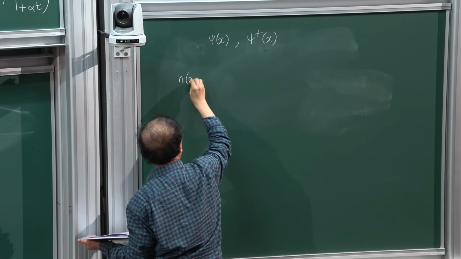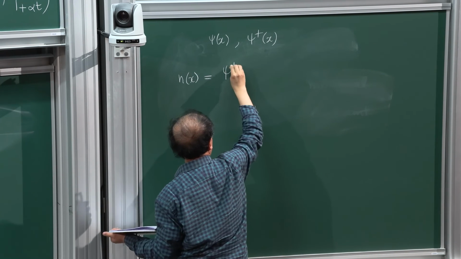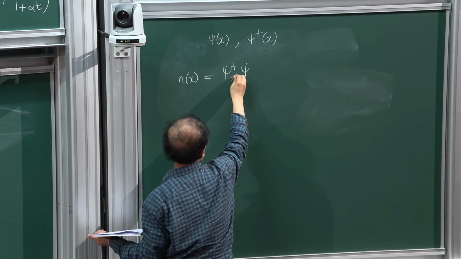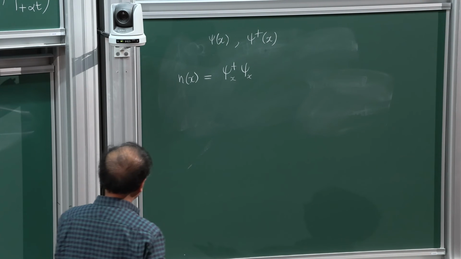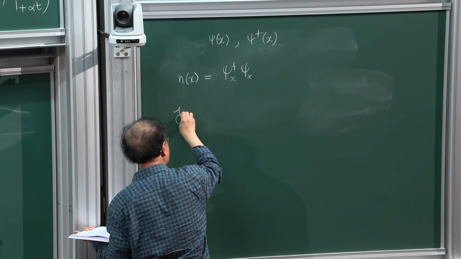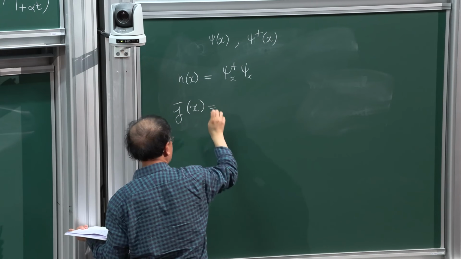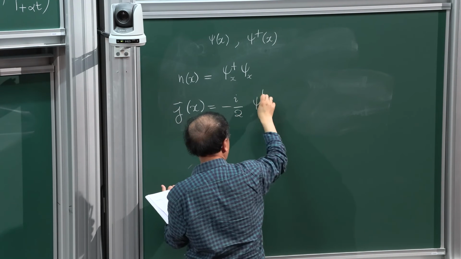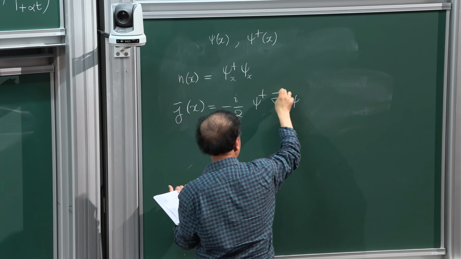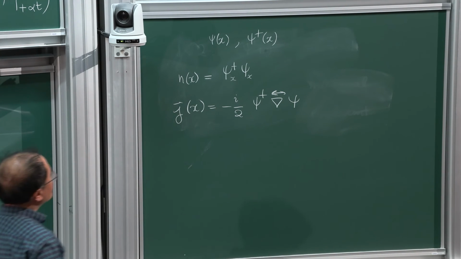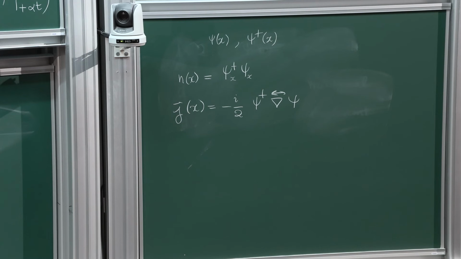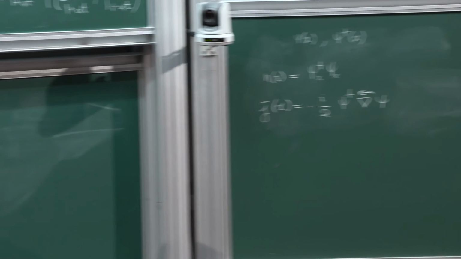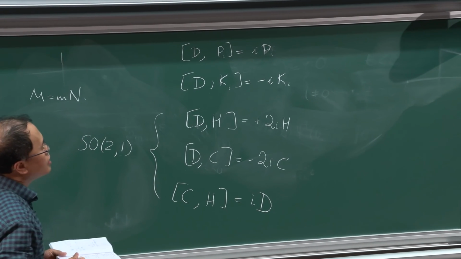The first operator is a density, n of x equals psi dagger psi, each computed at x. Another operator I'm going to introduce is the operator j. J is the momentum density, defined this way: minus i over 2 psi dagger grad psi, going this way. So I'm going to define two local operators, n of x and j of x, and the claim is that all these operators of the Schrödinger algebra can be written in terms of n and j.